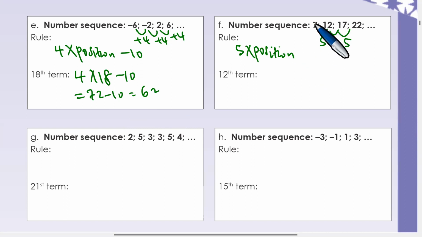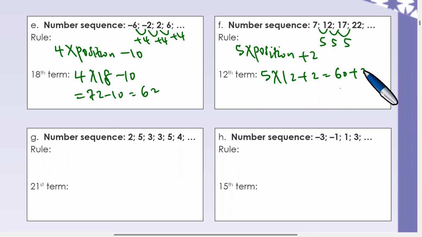Then to get 7, what do we add to 5 to get 7? 2. Well done. Then what is the 12th term? The 12th term is going to be 5 times 12 plus 2. What is 5 times 12? It's 60. 62. Okay, in G, are you able to see G?